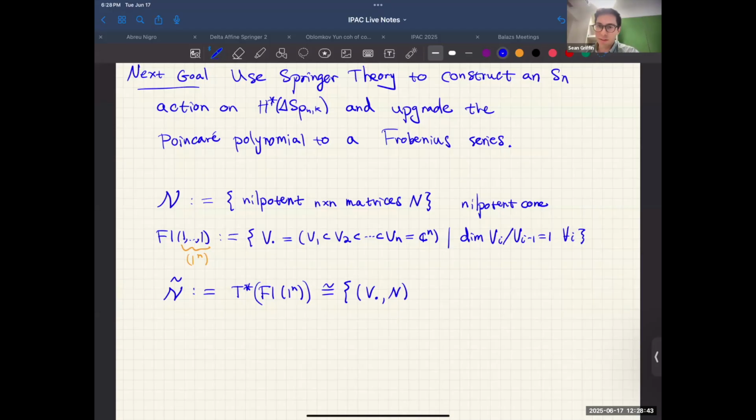So you take complete flags together with nilpotents, together with that condition that I wrote down earlier, that the nilpotent sends the ith subspace into the ith subspace of the flag.